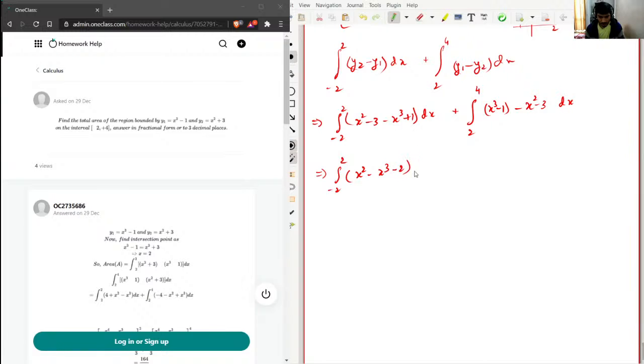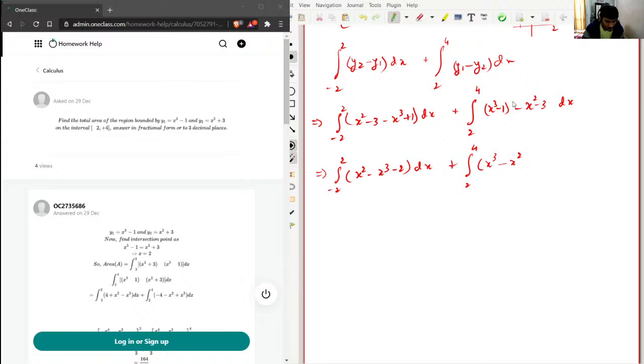minus 2 dx, plus the integral from 2 to 4. This will be x cube minus x square, and this will be minus, this was plus 3, I guess. Yeah.